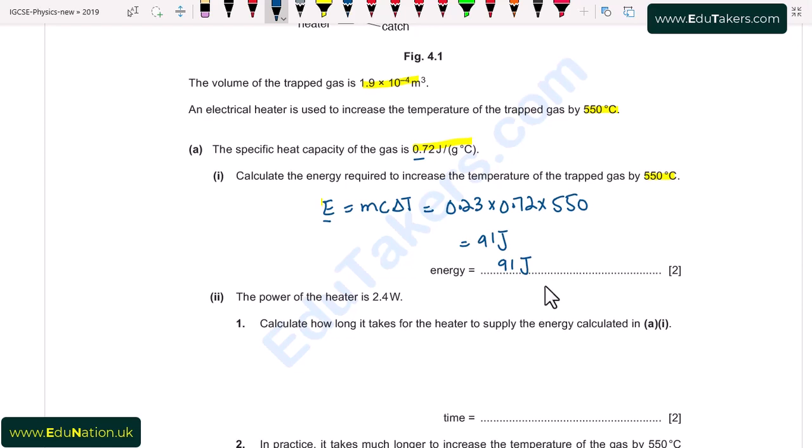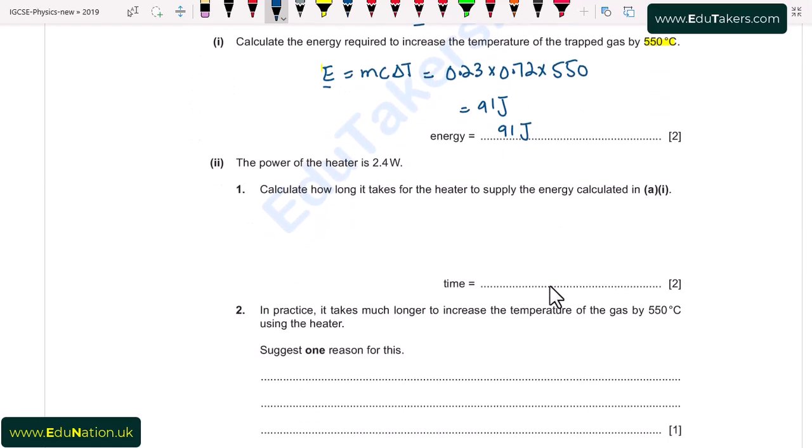Part 2. The power of heater is 2.4 watt. Here the power of heater is given, that is 2.4 watt. Part 1. Calculate how long it takes for the heater to supply the energy. Calculate in A part first. Here we have to calculate the time. We know that power is equal to the rate of doing work, or energy per unit time. Time will be equal to energy over power.